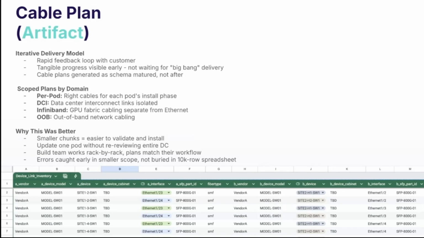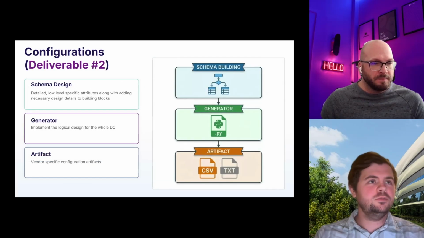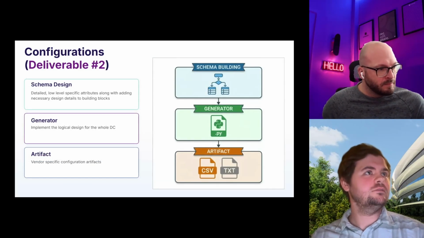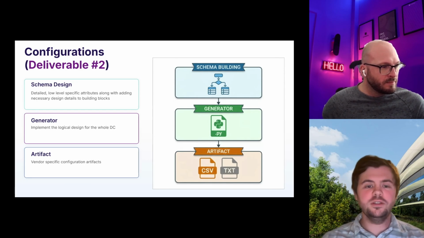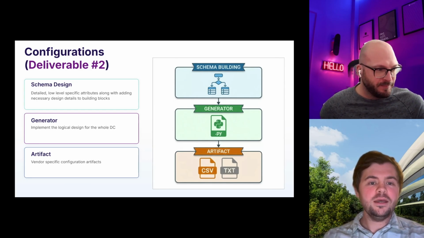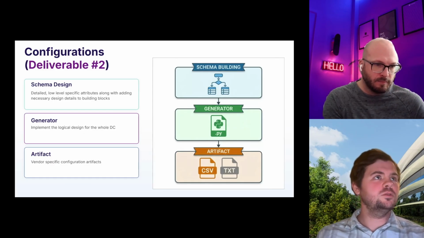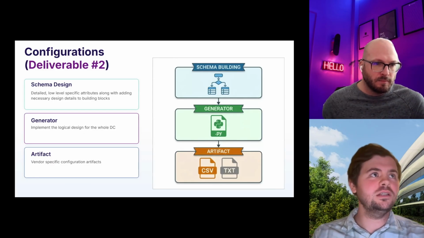Perfect. So the next one, we're on to the second deliverable, which is what most of us here probably want to see, right? We want to see config that can be deployed to a device. Again, we didn't have OSPF models at the time when we started this deliverable.